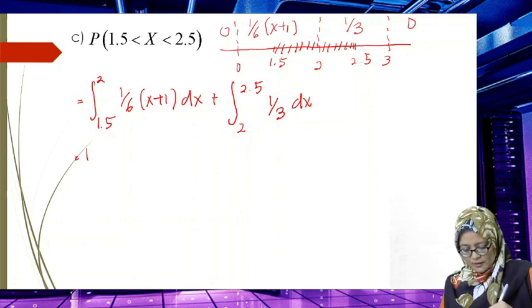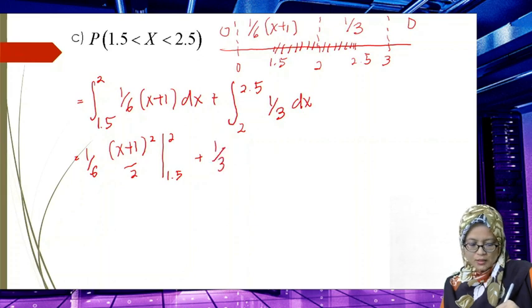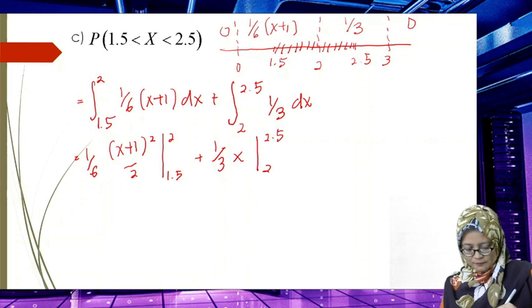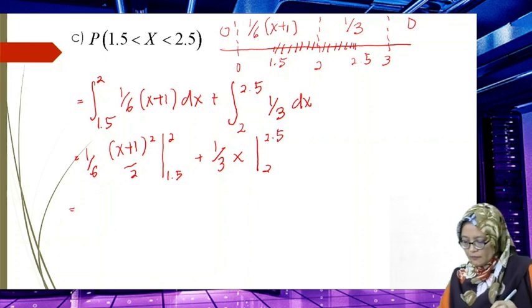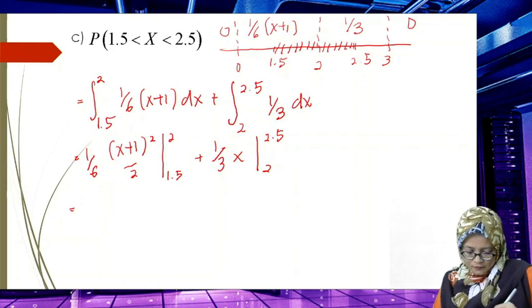Okay, so 1 over 6 integrate, dia akan dapat x plus 1 square over 2. Substitute value 1.5 until 2 plus 1 over 3 is a constant, so you akan integrate 1 dx. So dapat 1 over 3 x. Substitute from 2 to 2.5. Okay, so this one you akan dapat 1 over 12.